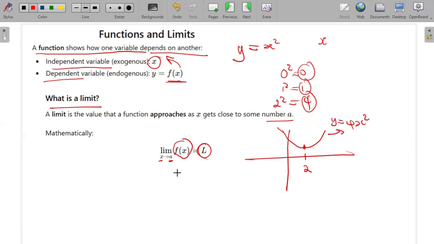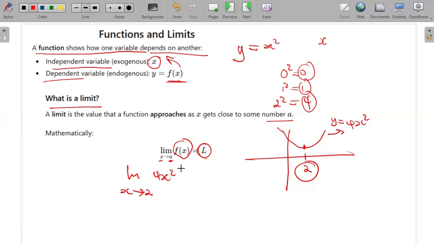So what does this mean? When you're taking the limit, you're saying, as I am approaching this value 2, what am I getting? So the limit as x approaches 2 of the function 4x squared. What is this limit? That is what you're trying to find.